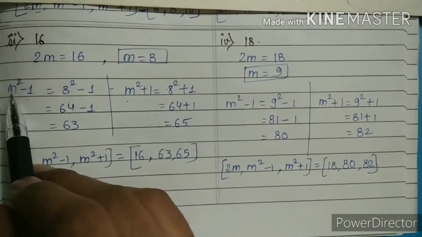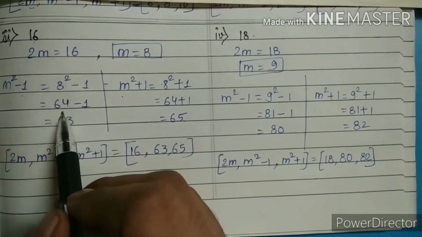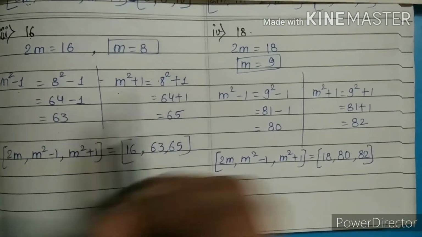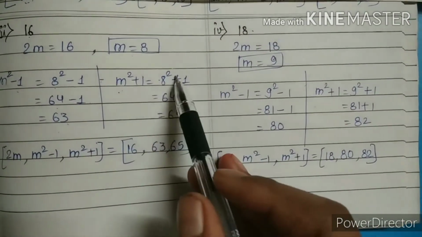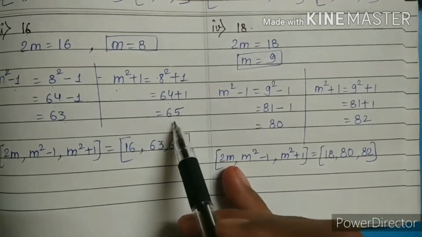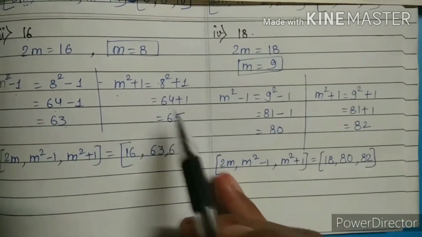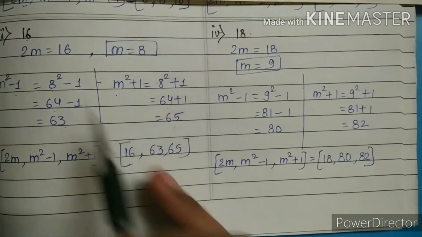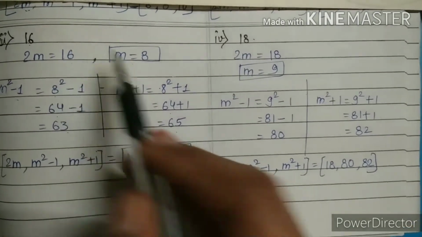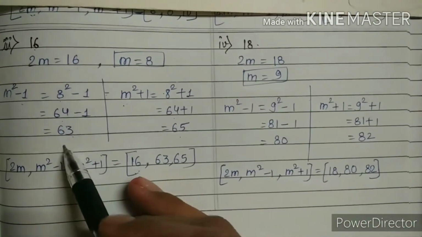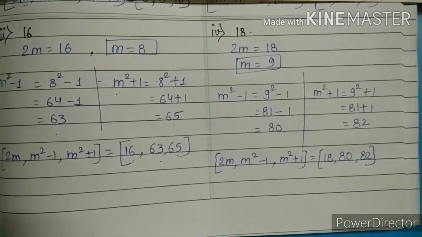Here m value is 8, so 8 square is 64 minus 1 is 63. So the second value will become 63. Now 8 square is 64, 64 plus 1 is 65. So the third number is 65. It means 2m is equal to 16, that we supposed, is right. It means 16 will come first, then 63, then 65.